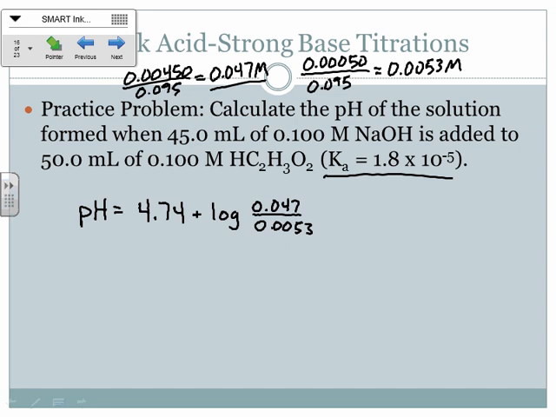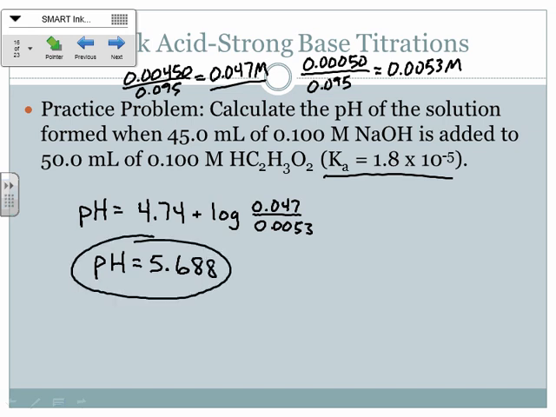So then we just plug this in. I'm getting a pH here of 5.688 at this particular point.